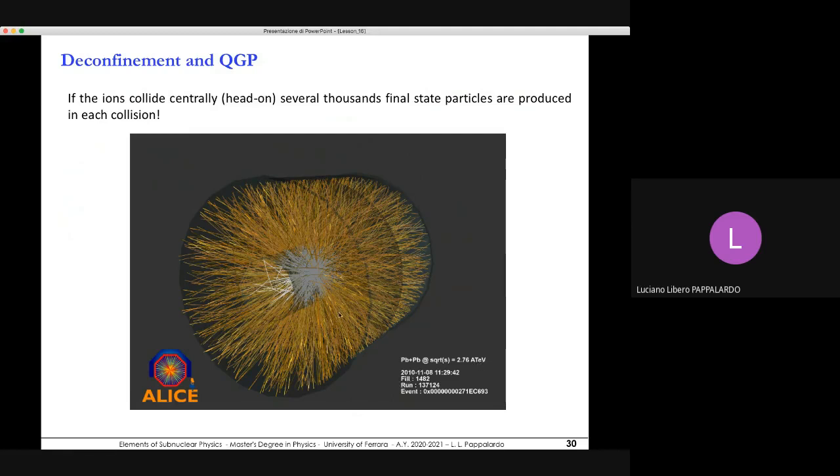This is a real event; you have the field number, the run number, and the event number here. Thousands of particles are created in each such collision, and this is a challenge for the experiments, because the detector has to reconstruct all these charged tracks produced simultaneously. So you can imagine how complex these detectors have to be.